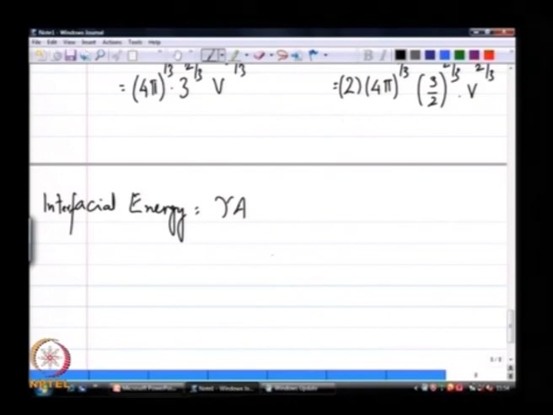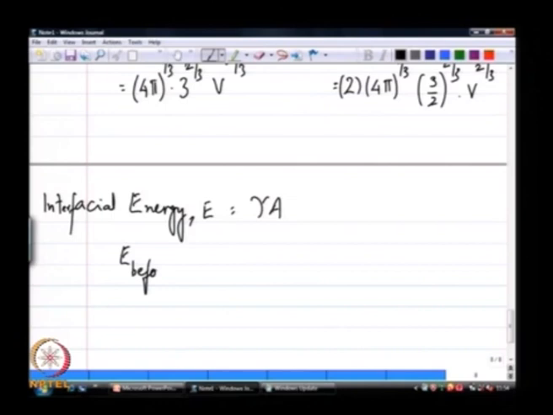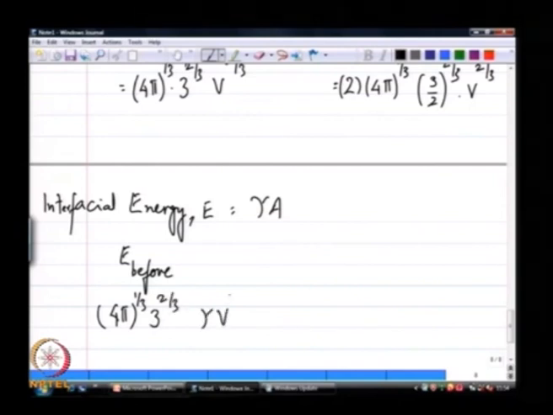So, if this is the interfacial energy, I will move this around a little bit to the side to make myself room for another symbol. So, the E before is 4 pi raised to the power 1/3, 3 raised to the power 2/3 times gamma times V raised to the power 2/3.